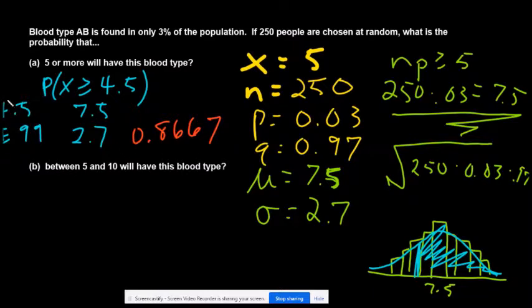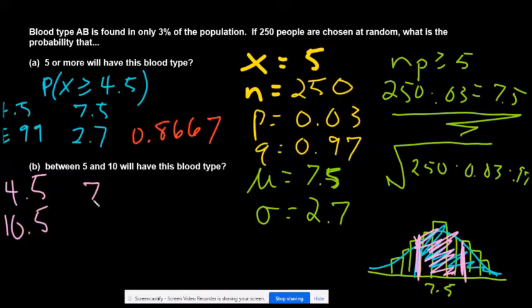If we want to do between 5 and 10, here's what that would look like on this curve. Again, here's 5. 10 would be right here, so we're calculating this space in between. The lower bound would be, I'm going to take away the 0.5, so 4.5. My upper bound would be the 10 plus 0.5, so 10.5.